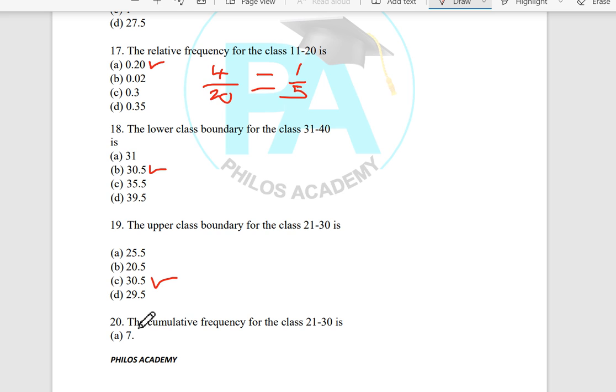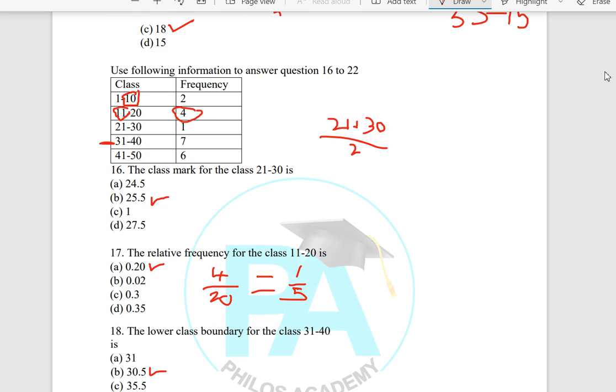Question 20 says the cumulative frequency for the class 21 to 30 is. Now, to find cumulative frequency, let me create a new table. If you want the cumulative frequency of the first class, it will remain 2.